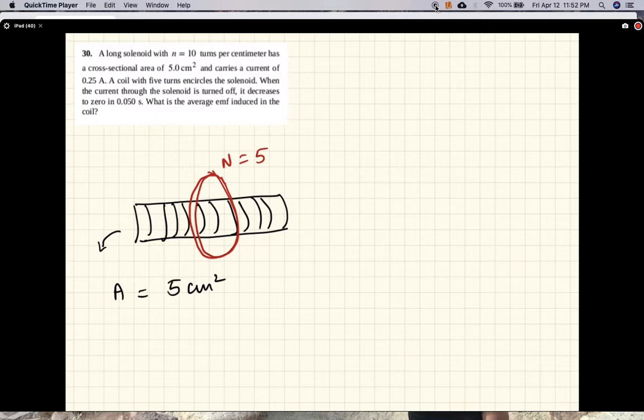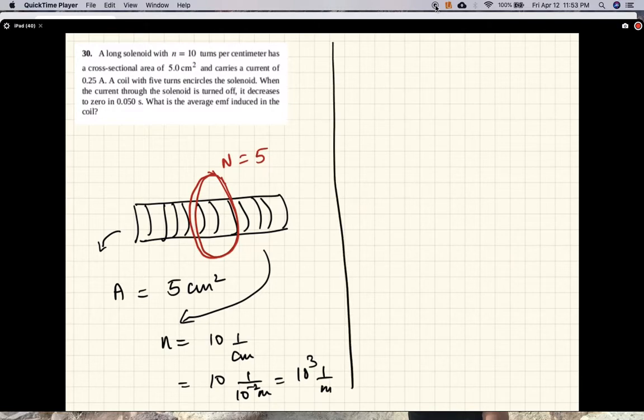For the solenoid, little n is 10 turns per centimeter, and we want it in meters, so 10 to the minus 2 meters, which is 1,000 turns per meter.